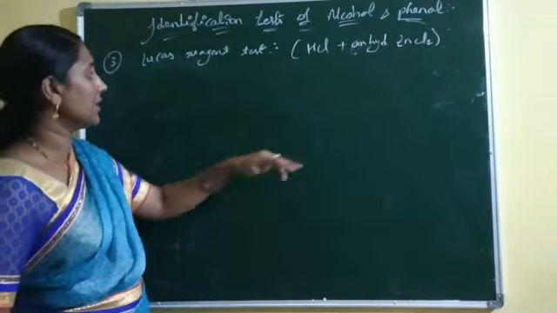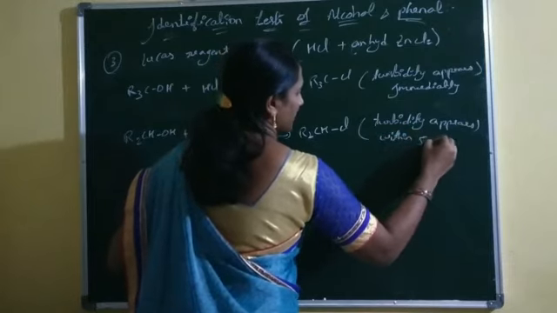And again, secondary alcohol is treated with this Lucas reagent. Turbidity appears within 5 minutes by the formation of alkyl halide.